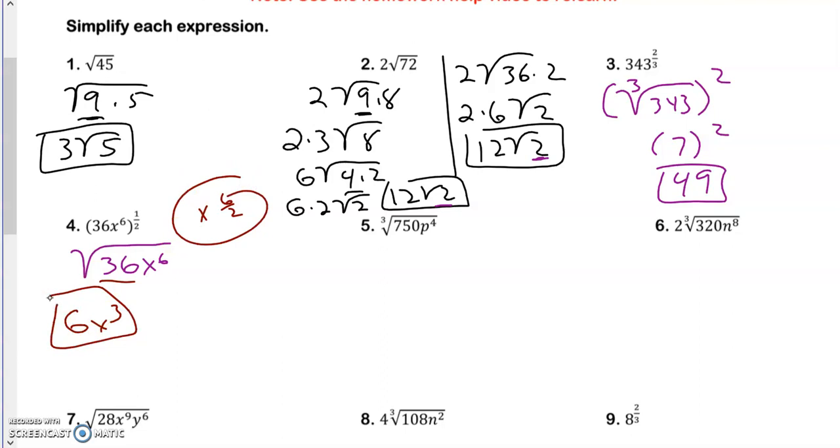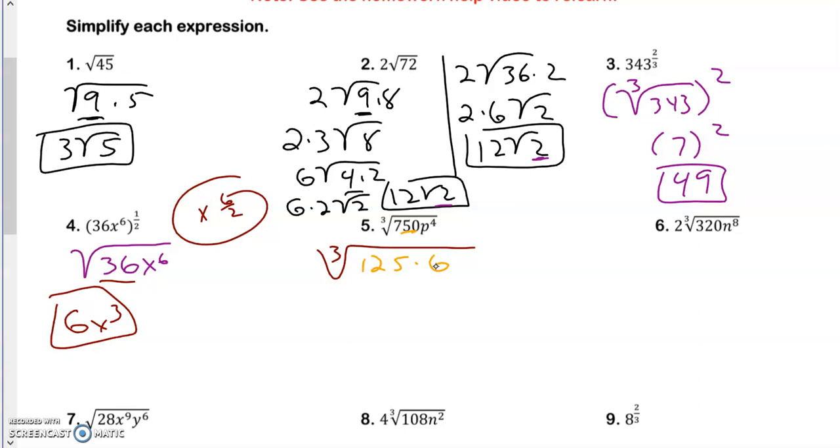Now this one is a cube root. So I'm going to look on my third column and I'm going to look for the biggest one. And now here's my hint. If I see 50, I'm going to think, oh yeah, let's look for something that has 25. I divide that and I notice 125 times 6. Now, this is a 3, so I have to do multiples of 3 for my exponents.